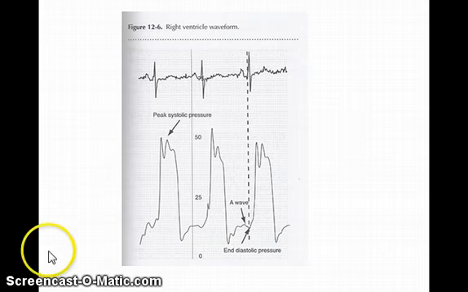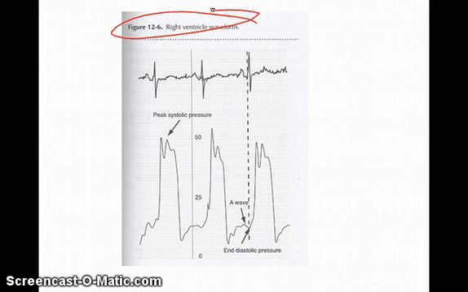Here is the right ventricle pressure. Again, this is from your book. I just copied it to demonstrate that on the R wave, the QRS complex here is where you're going to see peak systolic pressure.